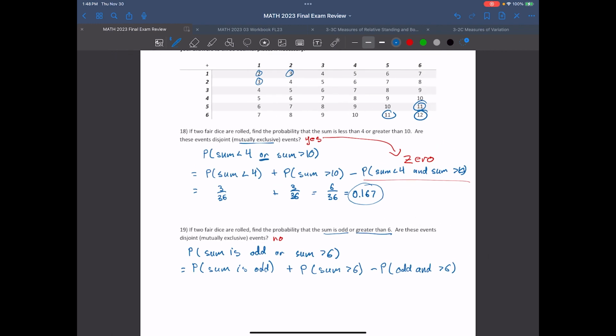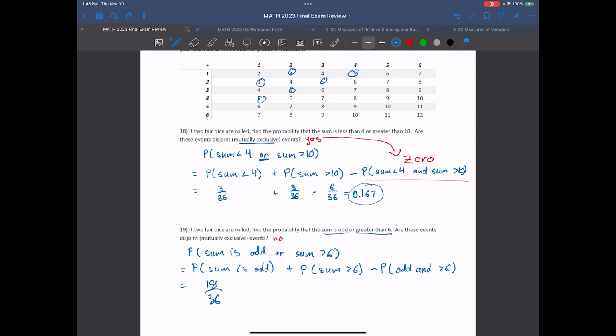Going back to the table, let's go ahead and just clean this up and start fresh. If you look at the sum is odd, exactly half of these numbers, if you take a moment and reason through it, 18 out of the 36 are when the sum is odd.